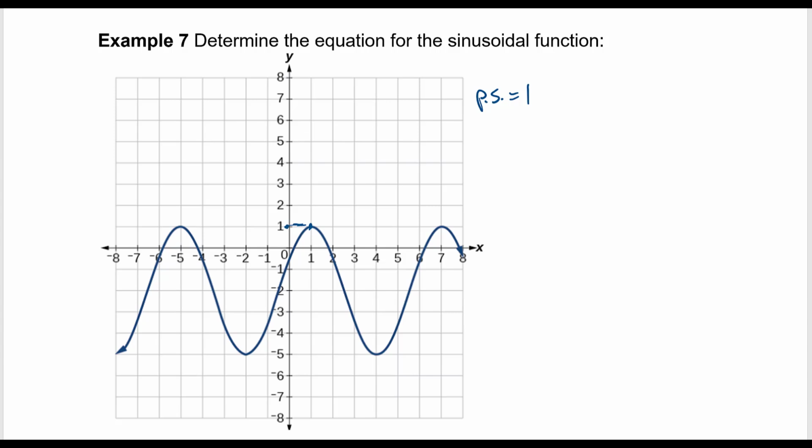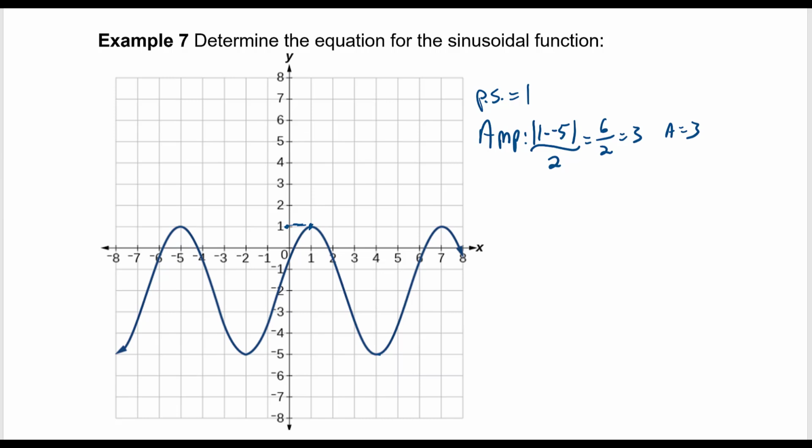And then, let's see, our high is at 1, our low is at -5. So the amplitude is going to be, I'll just do, 1 minus -5 divided by 2. So that's going to be 6 over 2, which is 3. So A equals 3. We're going to go with that.